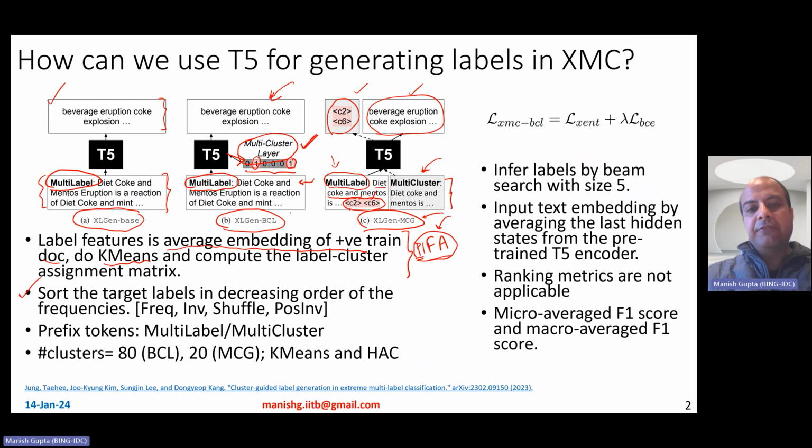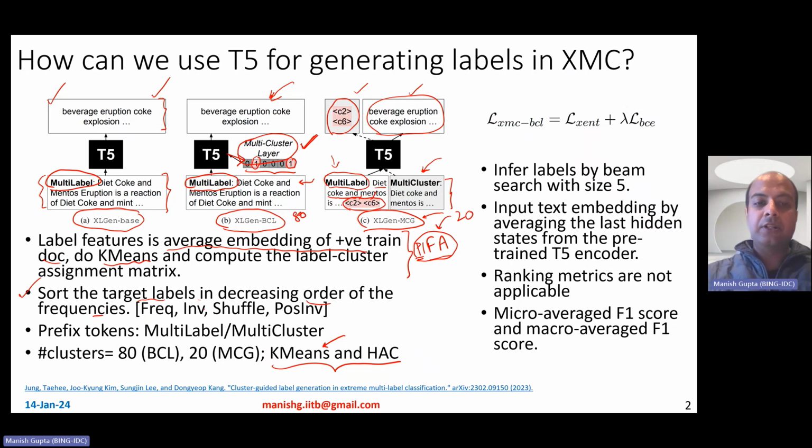In this BCL kind of task, they found that using 80 clusters is a good idea, but for the MCG kind of setup, they found 20 clusters is a good idea. They also tried k-means clustering versus hierarchical agglomerative clustering, but they found that k-means gave the best results. Now, lastly, when you're generating these labels, what order should you give those labels in at train time? What they found best is sorting the target labels in decreasing order of frequencies.